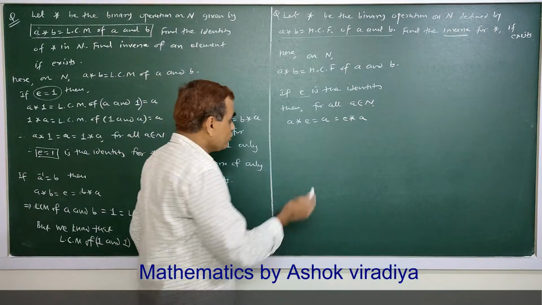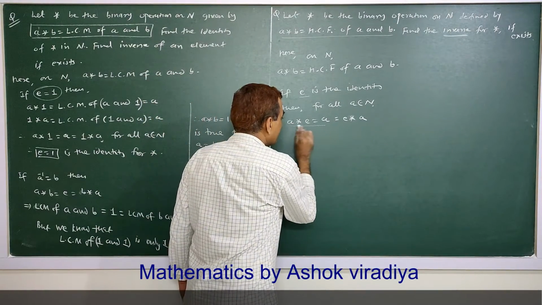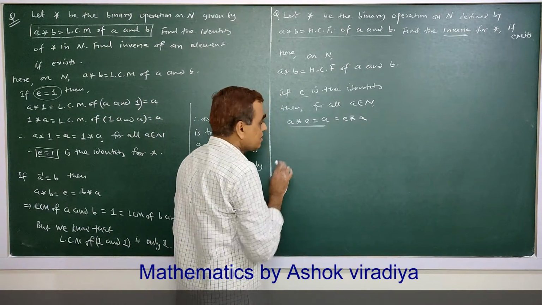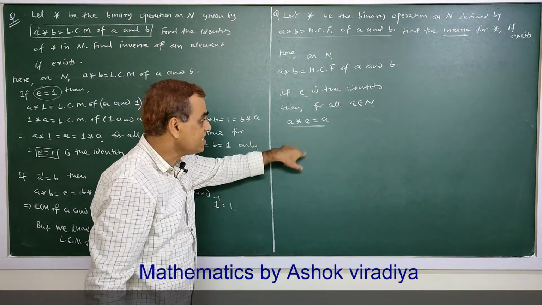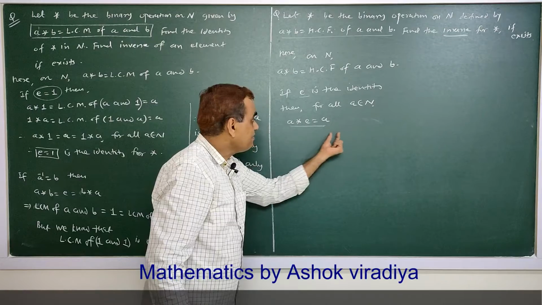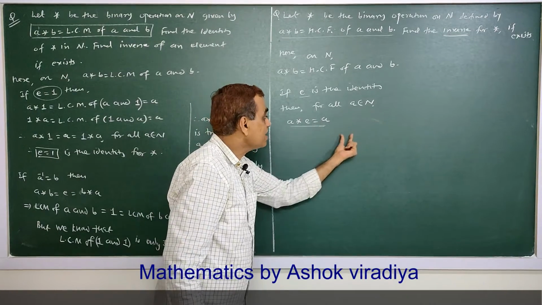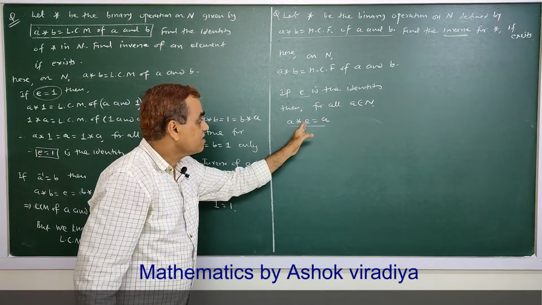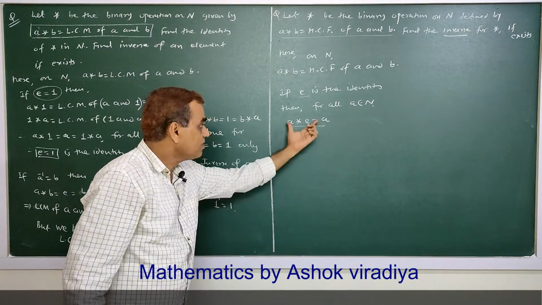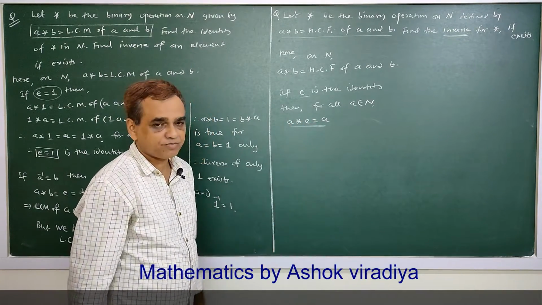To find its value, we use this part of the property. Using this part, if we can find E, then the other part we will verify. E star A equal to A will be verified later on, if E is found from this expression.